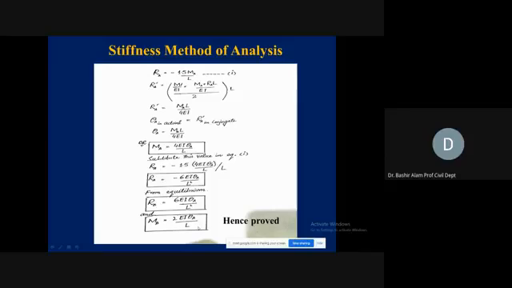At the far end, it will transfer half this amount and it will be 2EI theta A divided by L. Now, the balancing couple, which will be the reactions at the support, will be an opposite couple to the unbalanced moment, and its magnitude will be 6EI theta A divided by L square. So this is how we fix the direction and how we find out the magnitude.